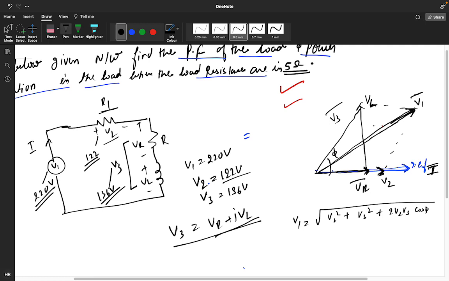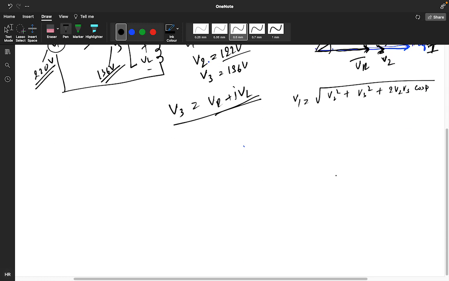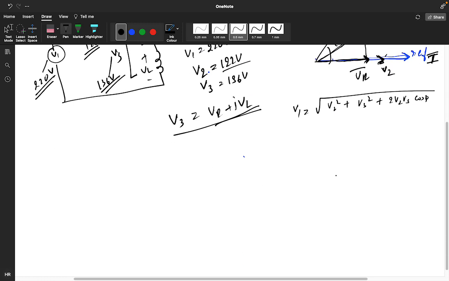See, this is your V2 and this is your V3. This is one formula you need to know: suppose you have some V2 here and some V3 here.